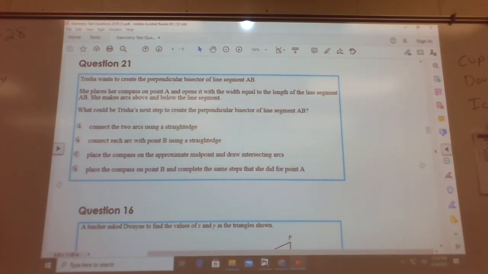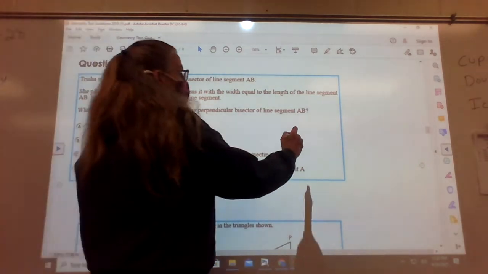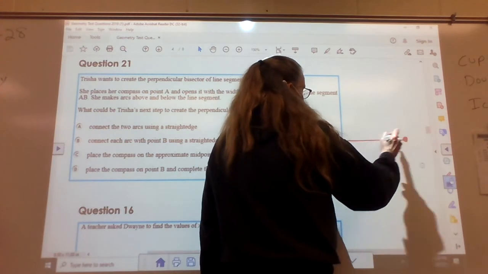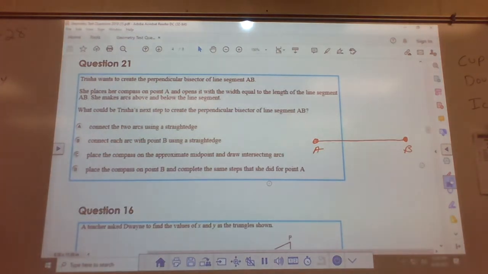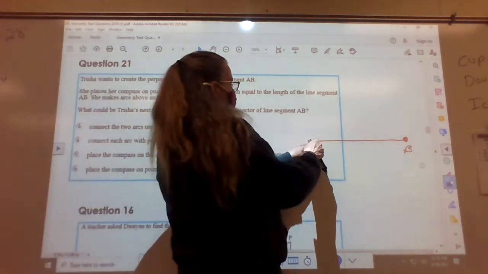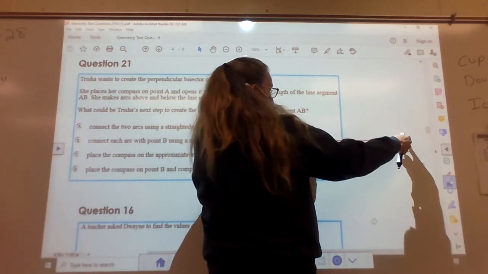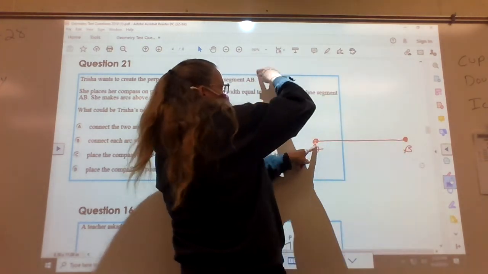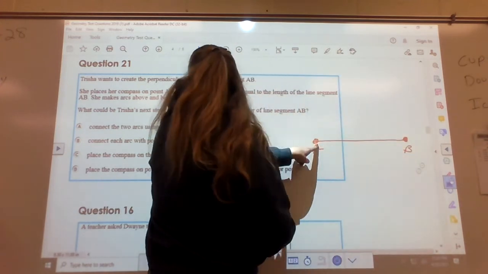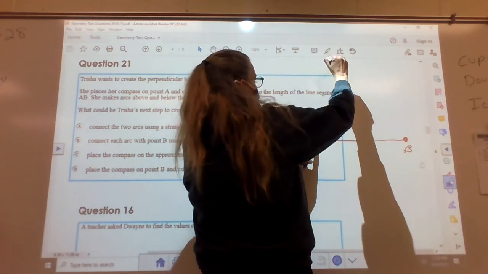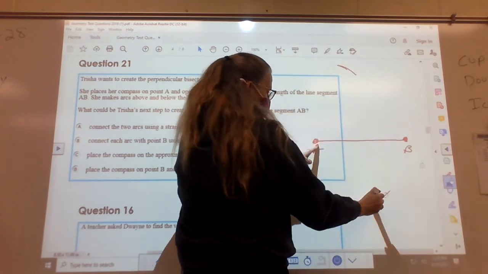Tricia wants to create a perpendicular bisector of line segment AB. So I have line segment AB. So draw yourself a line segment. A, B. She places her compass on point A. So she's going to place her compass here and open it to B. So basically I could draw a great big circle where A is the center and it goes through B. And it says she makes arcs above and below.